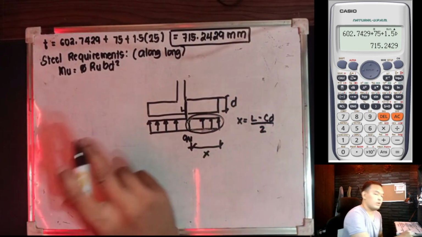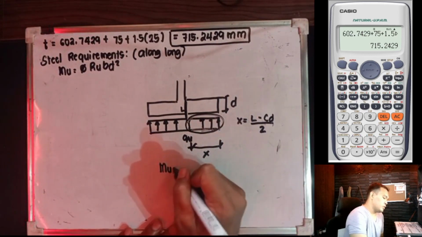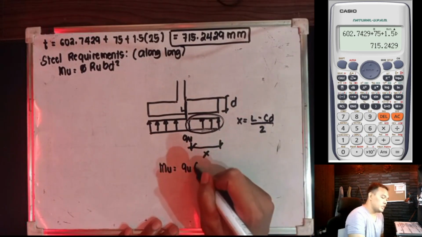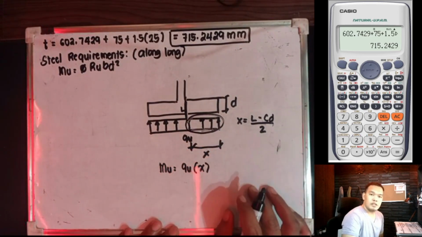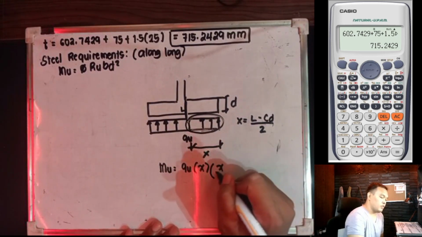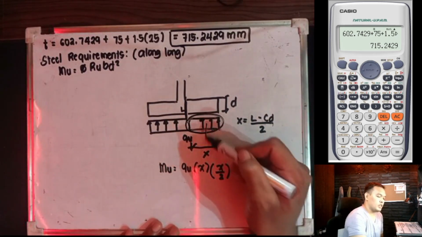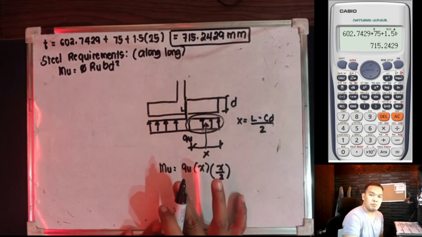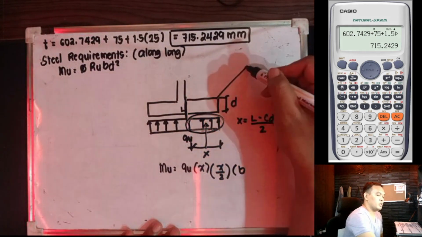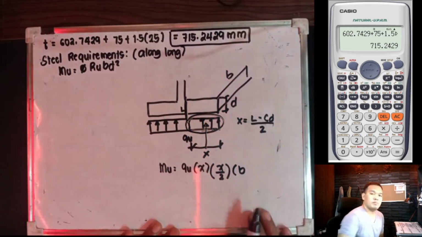So, we have here formula for MU. MU is equivalent to QU multiplied by the distance X, tama, times X over 2 para dun sa magiging resulta niya, perpendicular distance, multiplied by B, which is yung nanditong part ng B. Okay?